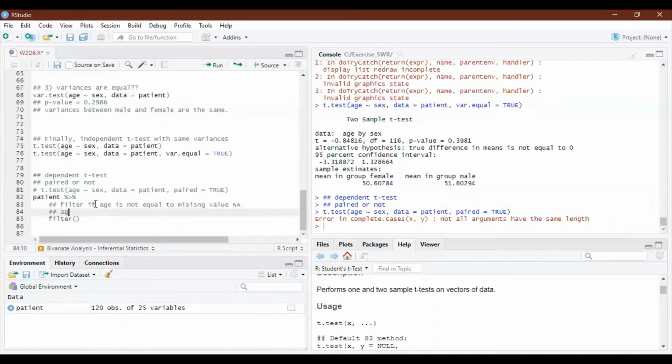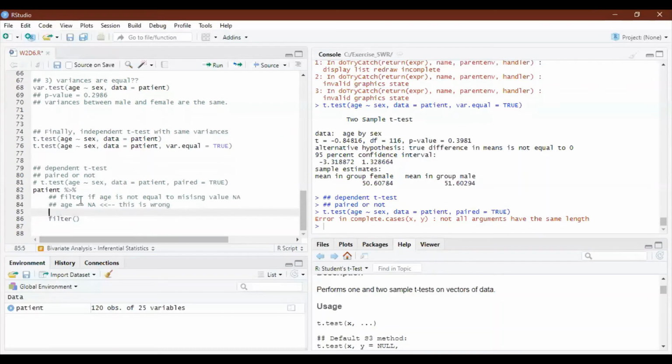So how do we write this? Do we write like this? Okay, this is wrong. We do not write it like this to check for a missing value. To check for a missing value, we use is.na. There is a function called is.na on age. This will give you all missing values.